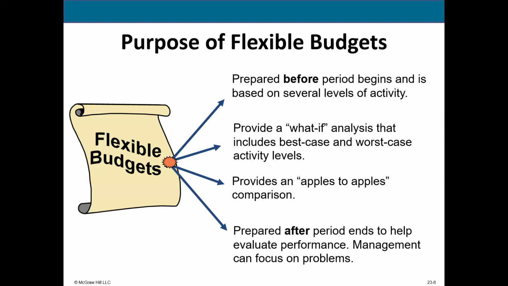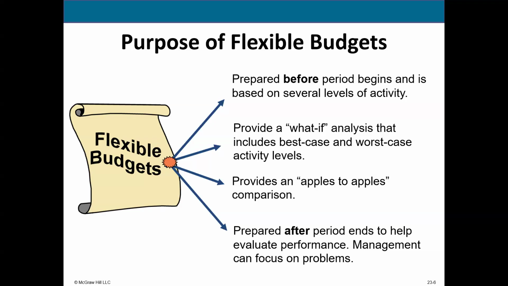So with a flexible budget, it really does allow for more variance to occur, but we can compare the actual performance a little bit closer to the budgeted amounts, and that gives management a little bit more insight into why these differences are occurring. All right. So it provides that more what we call apples to apples type of comparison.